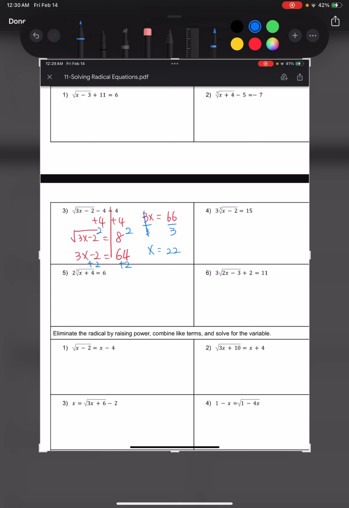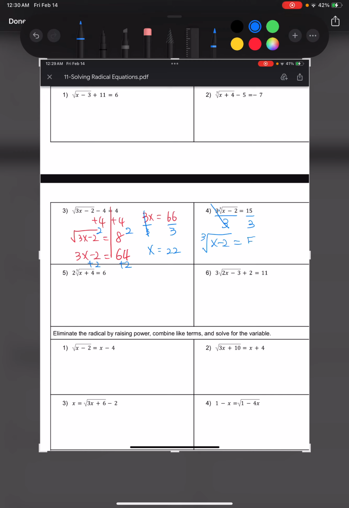Now let's move on to number 4. Number 4, so think about the relationship between 3 and the cube root. They are multiplied. So you need to eliminate 3 by dividing both sides by 3 first. So eliminate, and then you have cube root of x minus 2.